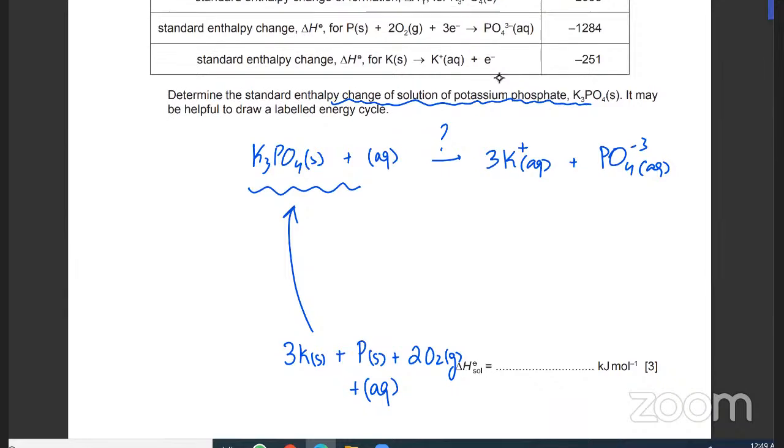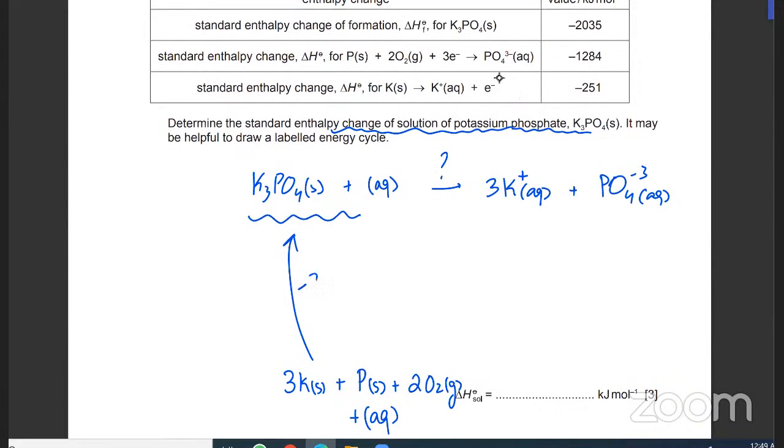So this is minus 2035. Next, you've got potassium solid going to K+, and you've got phosphorus plus 2 O2 plus 3 electrons. That can be done in, I think, one part, which is this one.